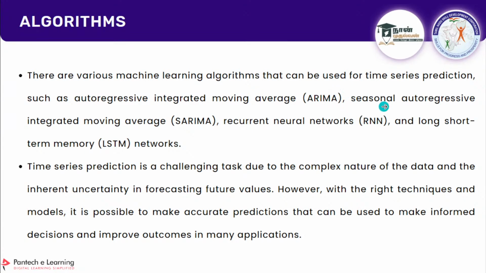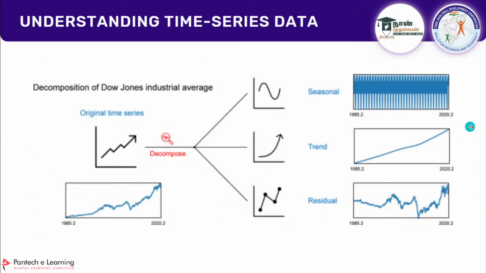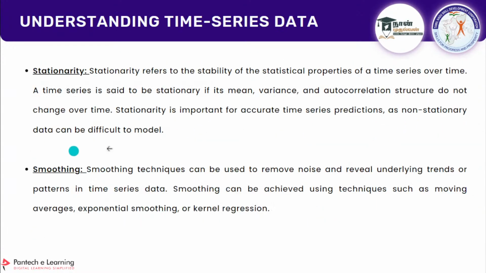If your data has some seasonal trend, and there are methods to find it, then you have to go with the seasonal model. If you go with that model, you don't have to stationarize the data. But if you go with the ARIMA model, then you have to make it stationary, and for that you will use methods like smoothing and others.